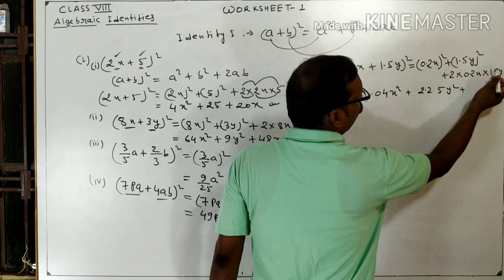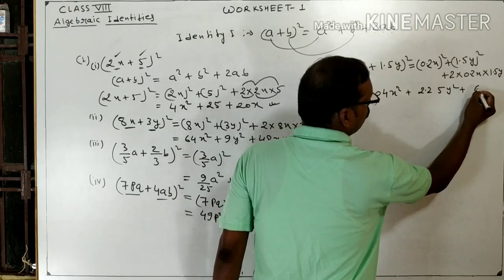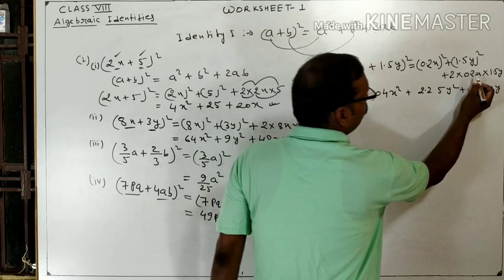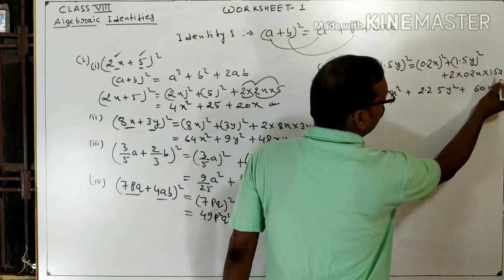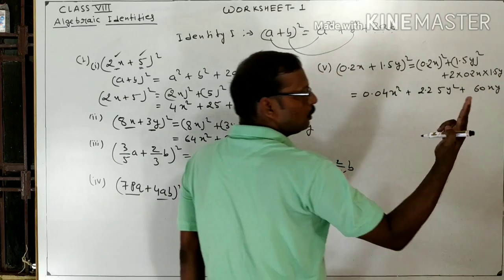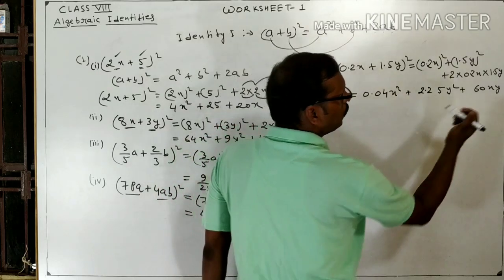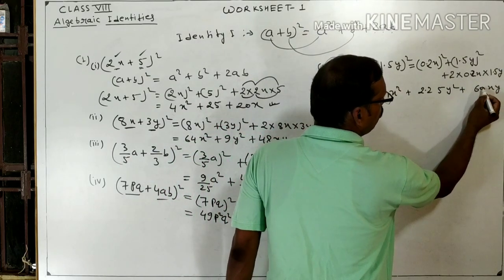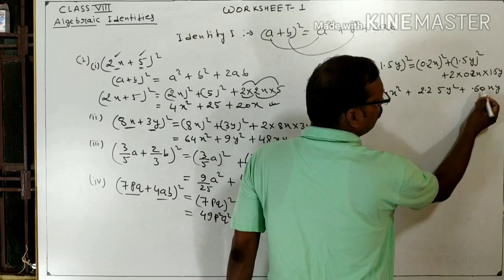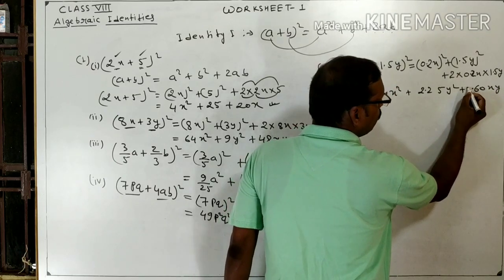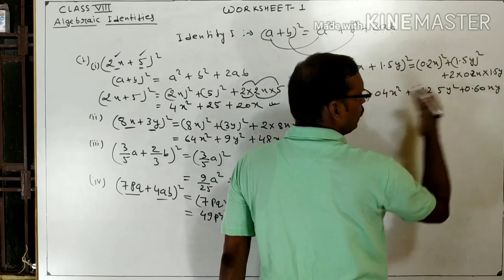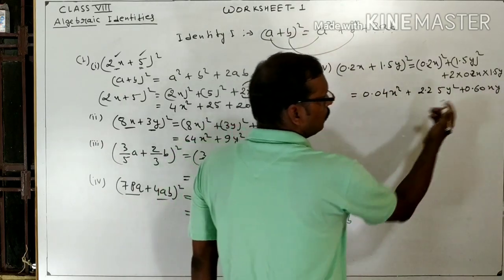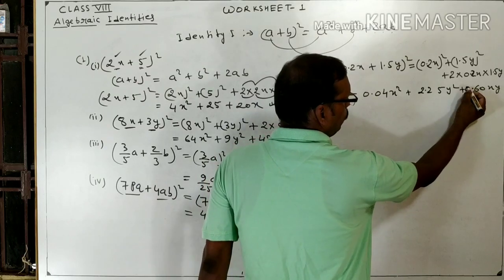Then 2 into 4 into 15 is 60, x into y, xy, and put the point. The point is after 1 digit and here is 1 digit, so we have to put the point after 2 digits counting from right, and put 0 after that because the integral part is 0, there is no integer before the point.